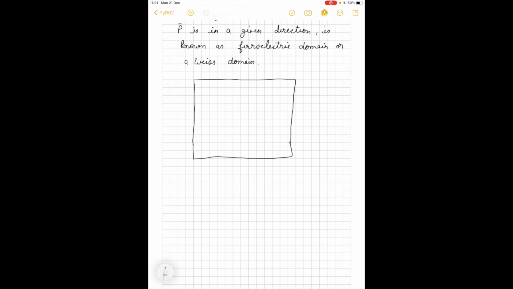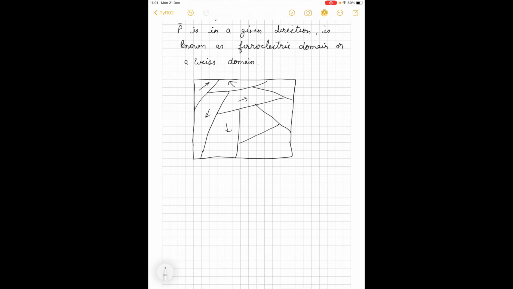It's just a theoretical way to say it. So for example, let's say we are going to have different domains, and in each of these domains the polarization will be in some direction.